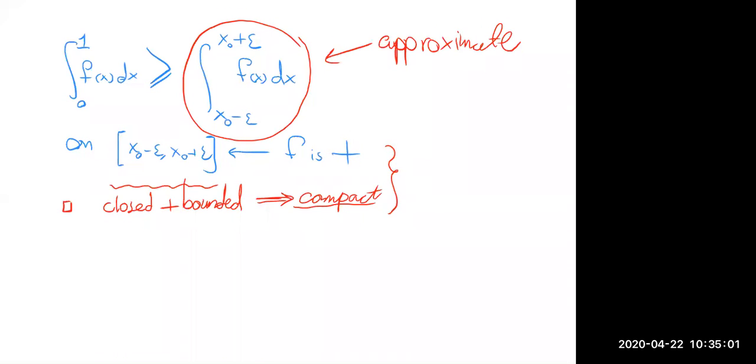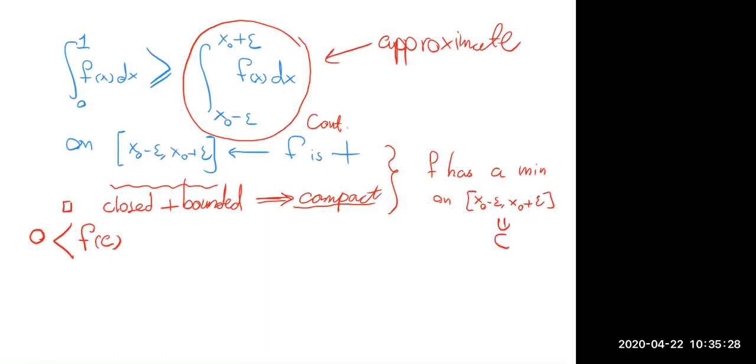We know a continuous function on a closed bounded interval has a minimum. f has a minimum on this interval. It happens at some point, so let's say it happens at a point c. f of c is the minimum, and it's positive because f is positive on that interval.